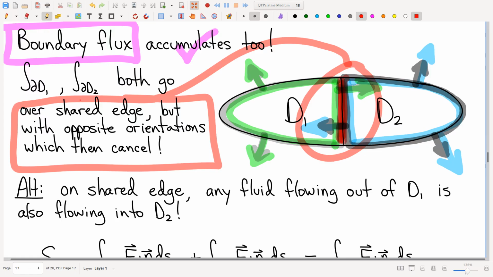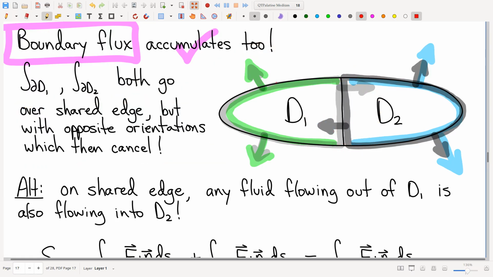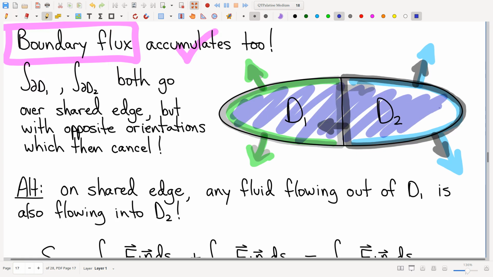It's like they aren't even there. Because of the orientation point, those disappear, and conveniently what we're left with is literally exactly the boundary flux of the whole. So as it was supposed to work out, boundary flux is an accumulating quantity.